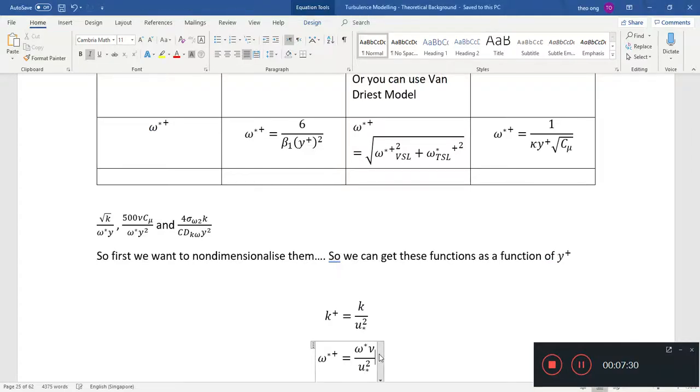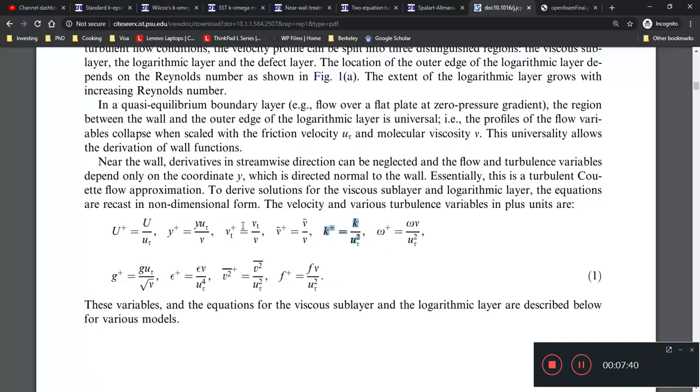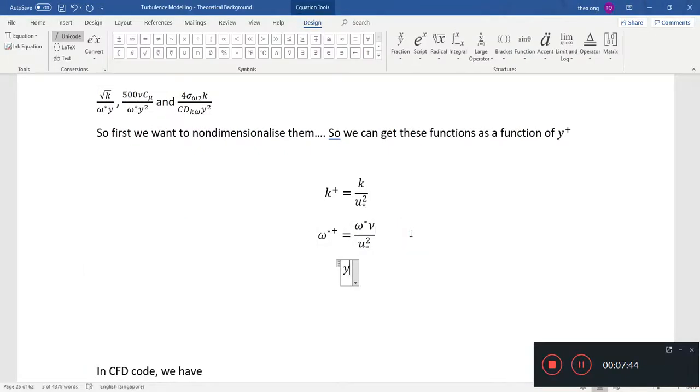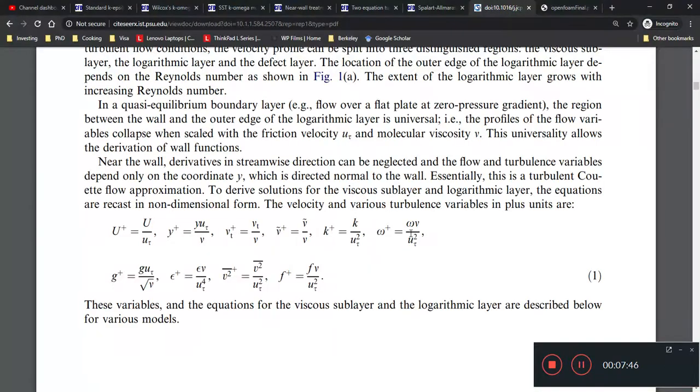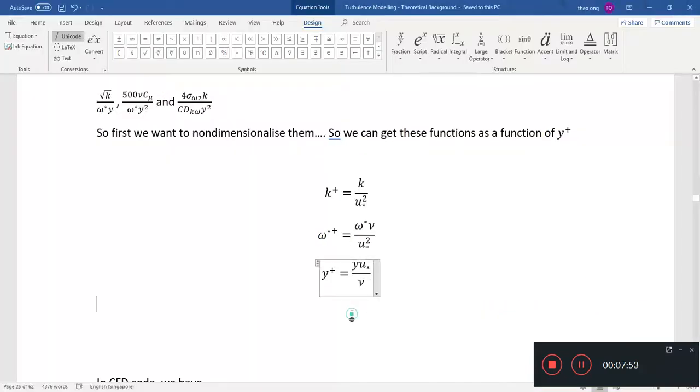I'm just going to use omega star from now on, because that's how the CFD codes and the guides usually write it. Then y plus equals y u star divided by nu. So this is the non-dimensionalization.